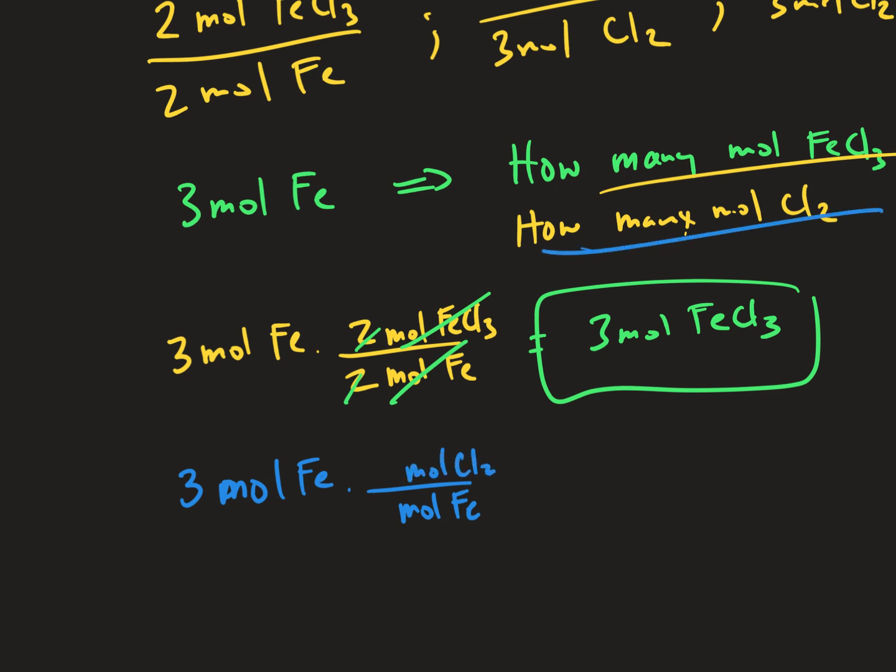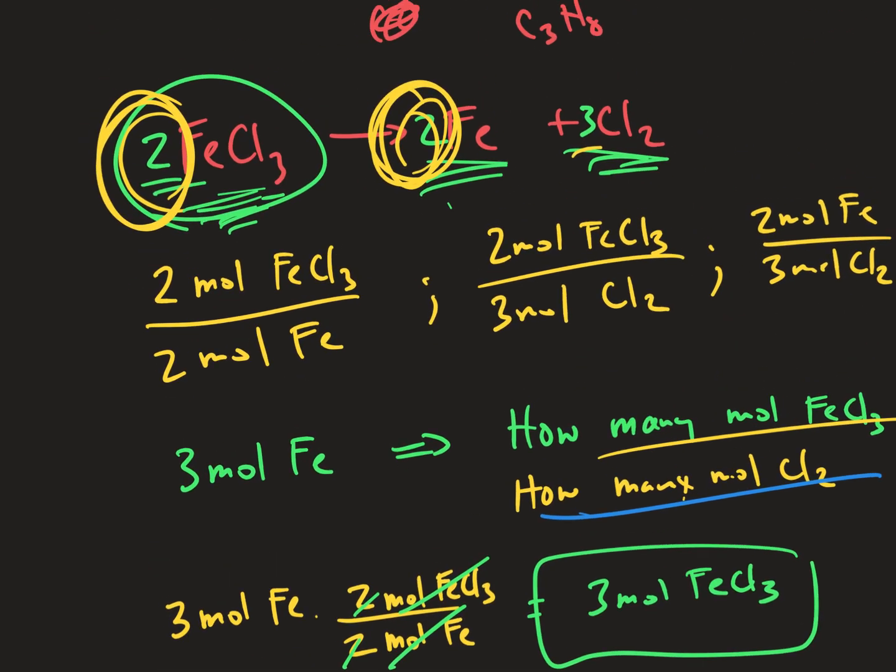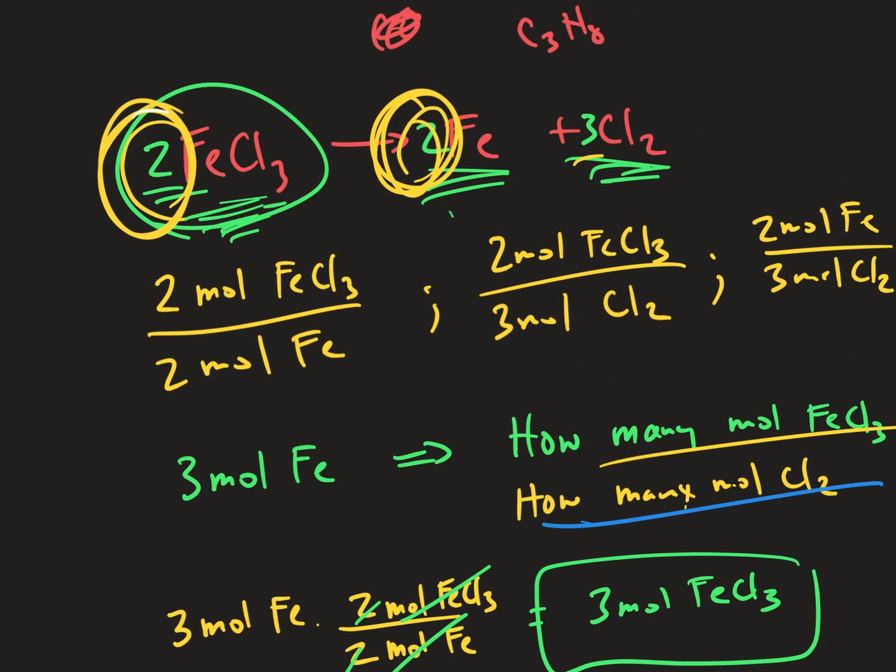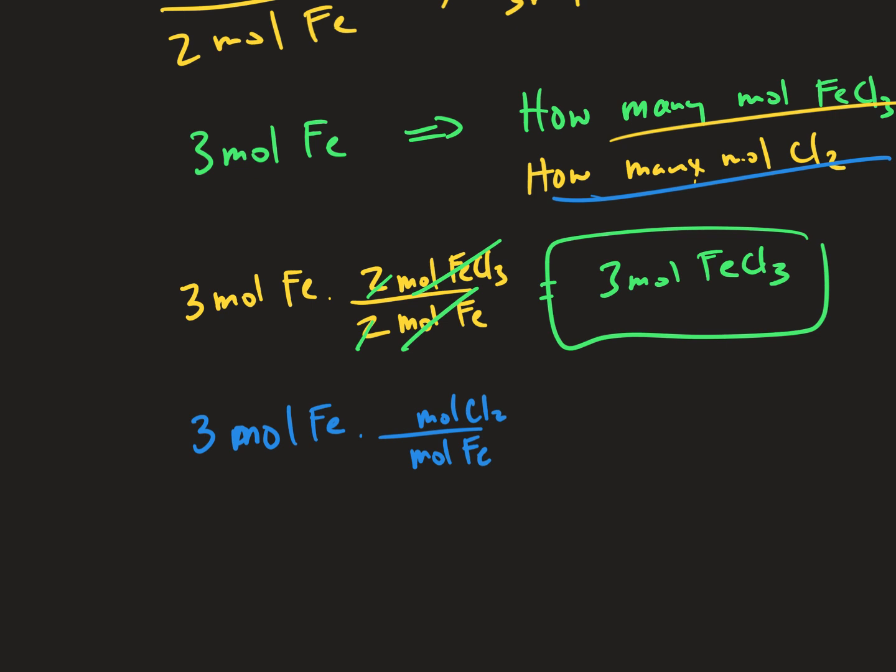So what's the mole to mole ratio? 2 to 3. We just use those coefficients in our balanced equation. So 2 for iron, and 3 for chlorine. That goes away. And then we got 4.5 moles of chlorine gas, because 3 times 3 is 9, divided by 2. Good?